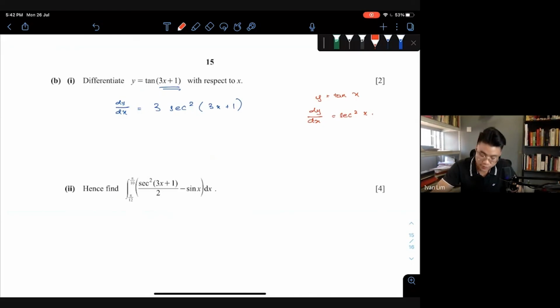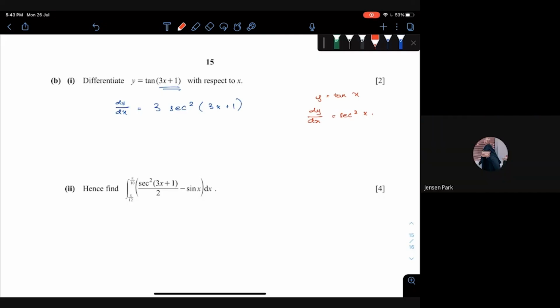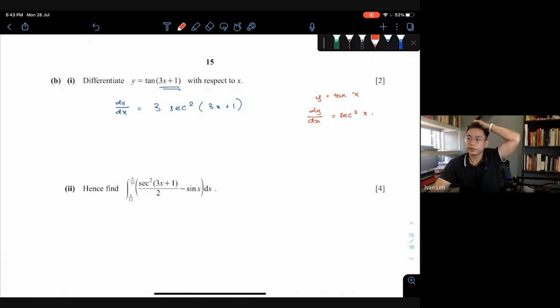Hence means we need to find something from the top already. Hence, find the integral from pi over 12 to pi over 10 of (secant square (3x plus 1) over 2 minus sine x) dx. How do we break this down? We know that if we differentiate tangent (3x plus 1), we'll get 3 secant square (3x plus 1). And where do we see this?